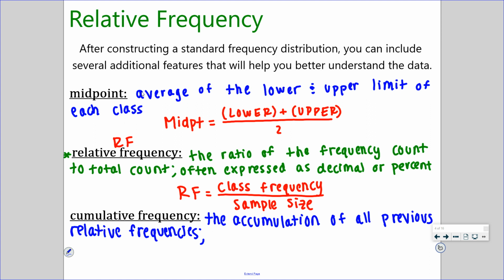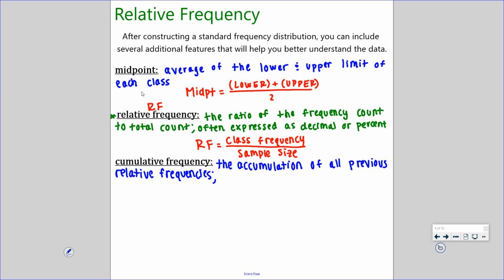Meaning, since relative frequencies are either a ratio that's a decimal or a percent, it should total up to 1 if we're talking about decimals, or 100% by the end. Or another way to think of it, should be equal to the sample size. All right. There's no formula for that. I'll show you how to calculate that in the next example.